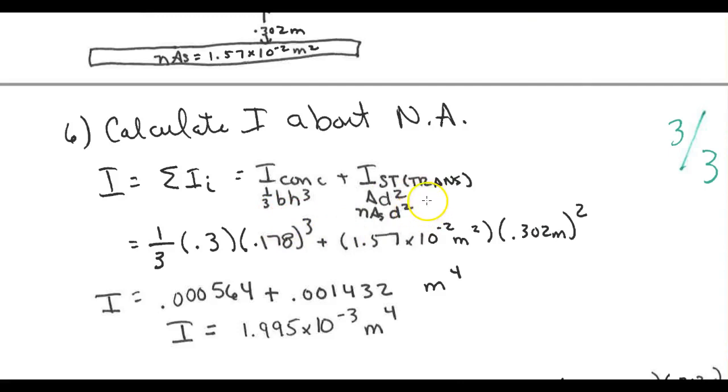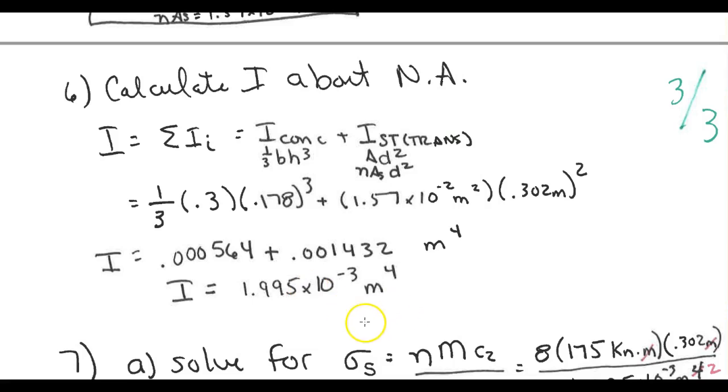And for the second part, because it's a transformed area, we really can't use that, but we can use this most general form, that the I of the steel is the area of the steel times the distance from the steel to the neutral axis squared. So we plug in those numbers, and we come up with a value of I, the moment of inertia of our transformed section, of 1.995 times 10 to the minus third meters to the fourth.